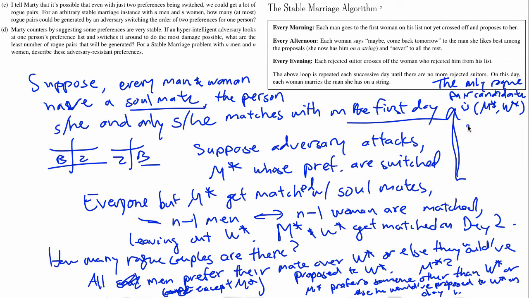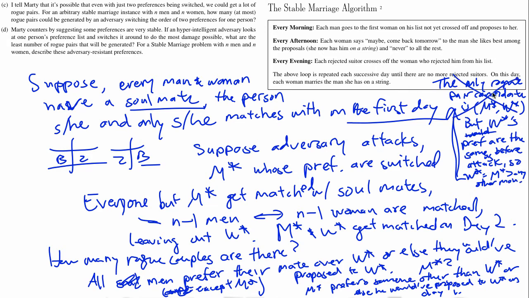But W star's preferences are the same as before the adversary attacked, right? Before the attack, W star prefers M star over any other man. So no rogue couple here either. So no rogue couple in this case.